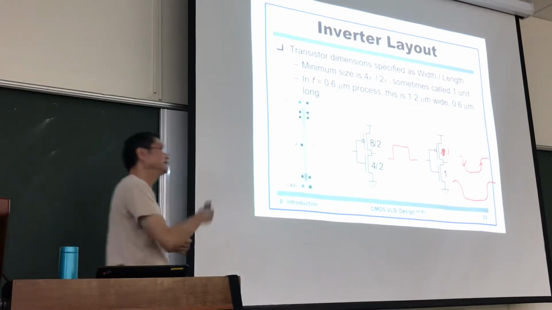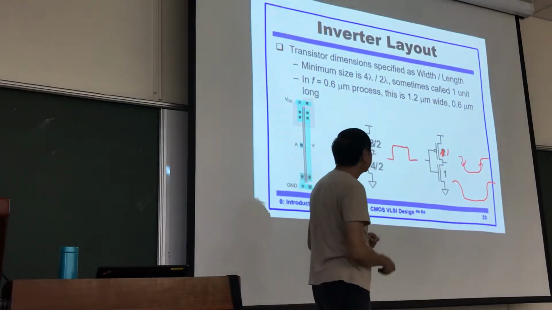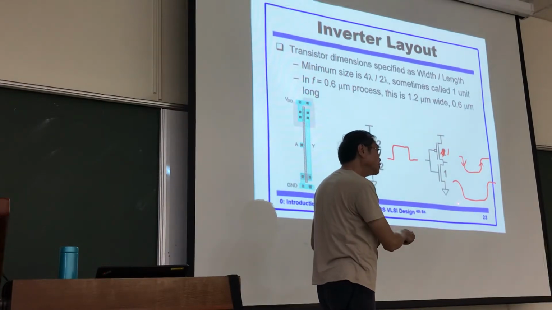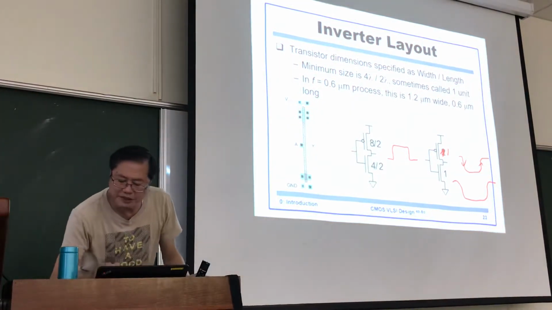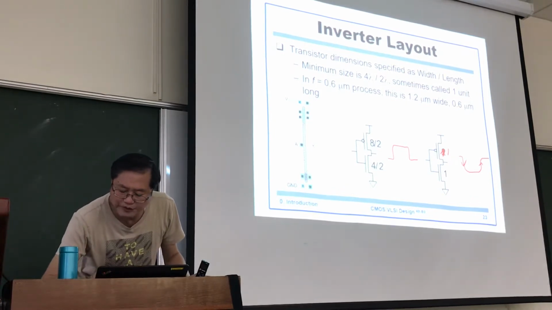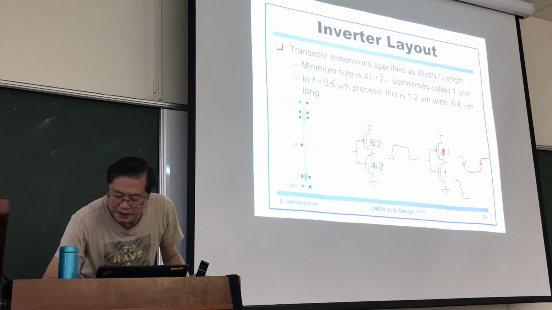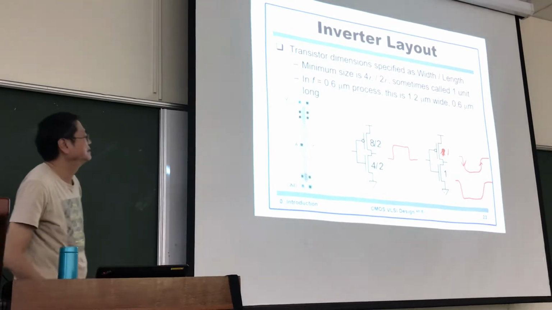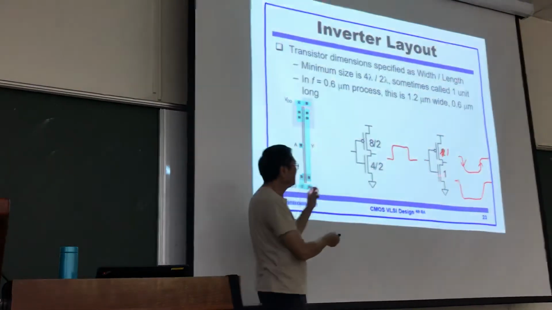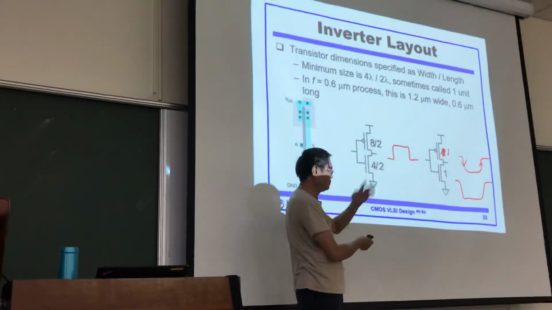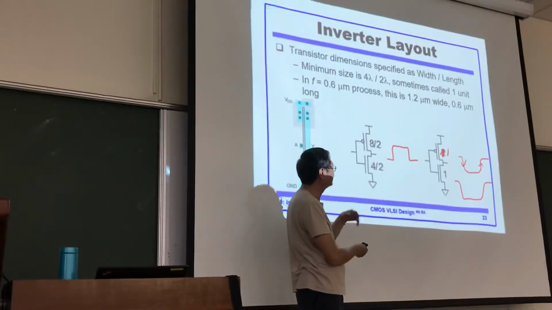Which one is faster? Any? Yes. High to low is faster or slower? Faster, right? Okay. The answer is correct. Why is that? So it means that from high to low is going to be faster. It's steeper. And from low to high is going to be slower. Why is that? Let's say MOS transistor switching from high to low, from low to high.